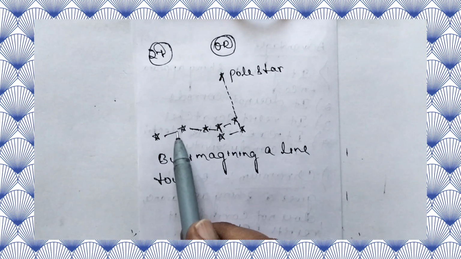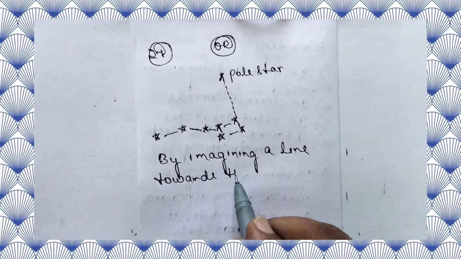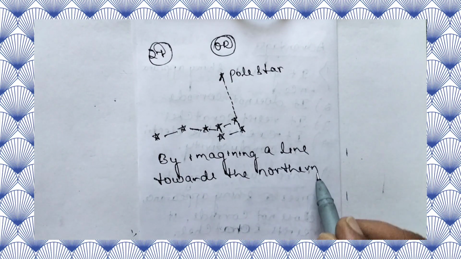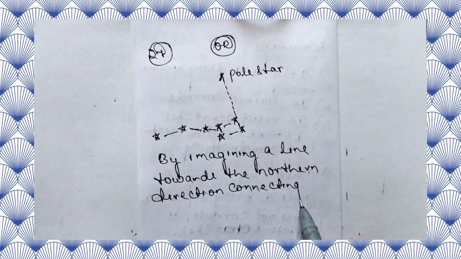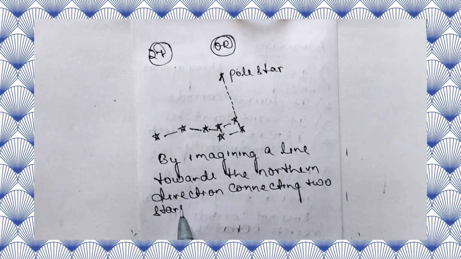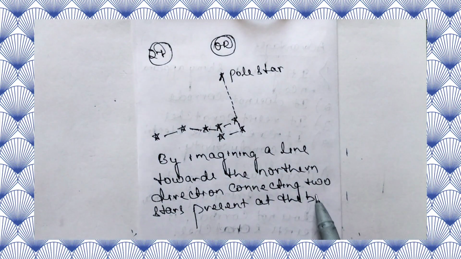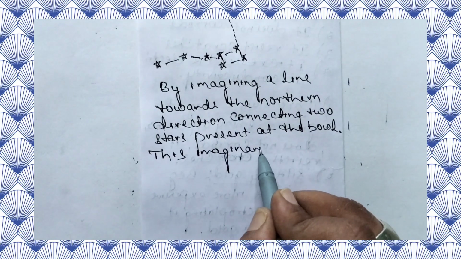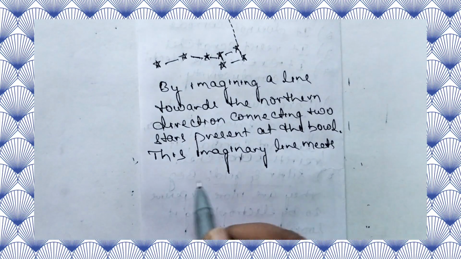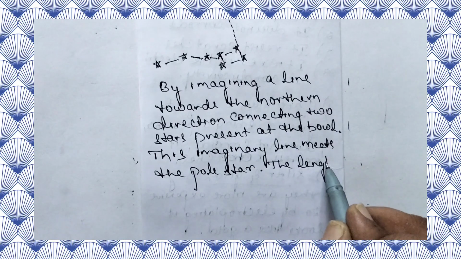Look, in total, 1 2 3 4 5 6 7, Saptarshi. So there are 7 stars. Towards the northern direction, connecting two stars present at the bowl, this imaginary line meets the pole star.